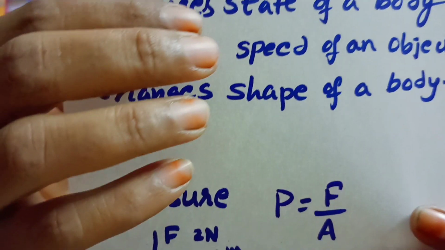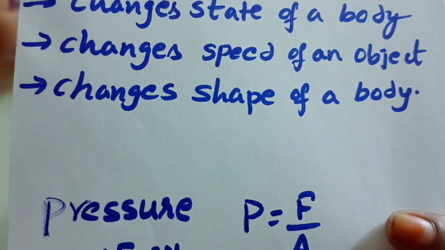Change the state of the body. The football on the ground, the state is rest. When we kick it, it comes to motion. We observed this on the football ground. Suppose the ball is in motion, you catch the ball, it comes to a stop.